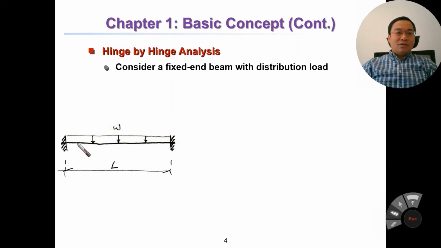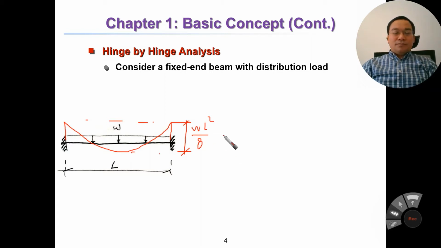It is like this, right? It is the moment diagram, and the total, the distance or value from here to here, is WL square over 8, right? You remember, right?